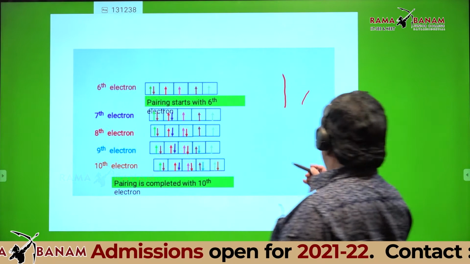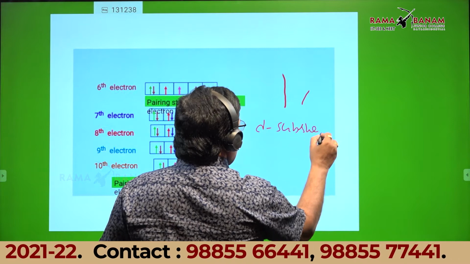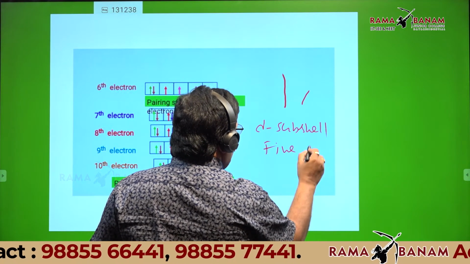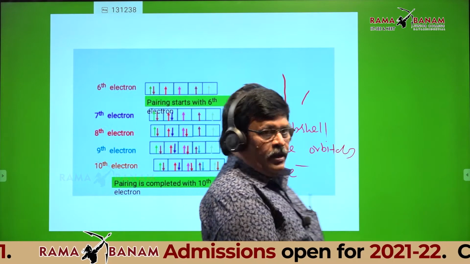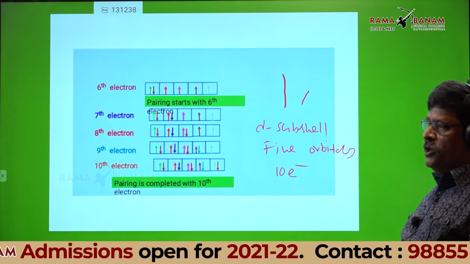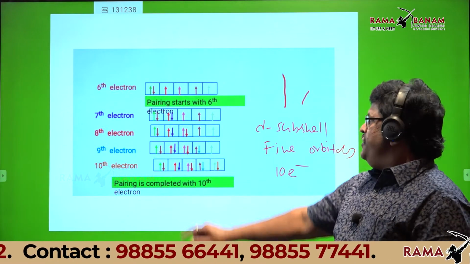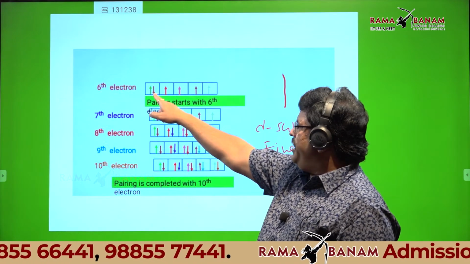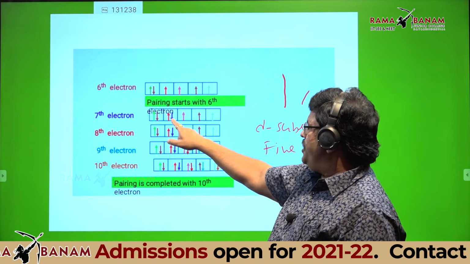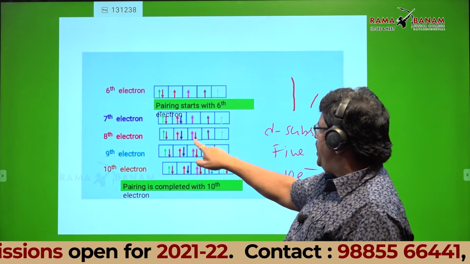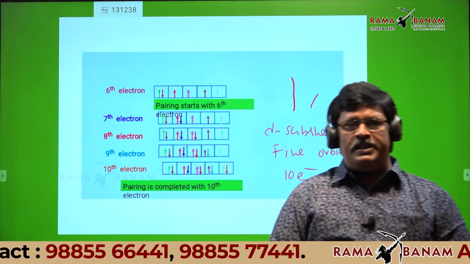Because the d subshell accommodates 5 orbitals and 10 electrons. So from which electron does pairing take place in the d subshell? It should be from the sixth electron. The sixth electron enters one of the d orbitals, the 7th electron into the next d orbital, the 8th electron into the next d orbital, then 9, 10, and all the d orbitals in the d subshell are completely filled.